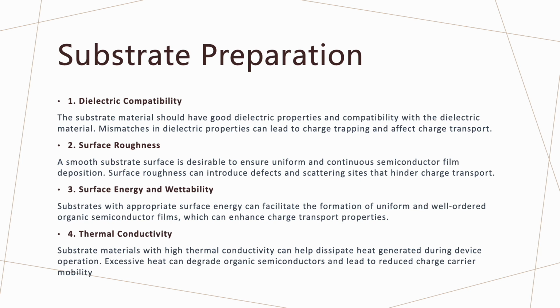Substrates with appropriate surface energy can facilitate the formation of uniform and well-ordered organic semiconductor films, which can enhance charge transport properties. Substrate materials with high thermal conductivity can help dissipate heat generated during device operation. Excessive heat can degrade organic semiconductors and lead to reduced charge carrier mobility.